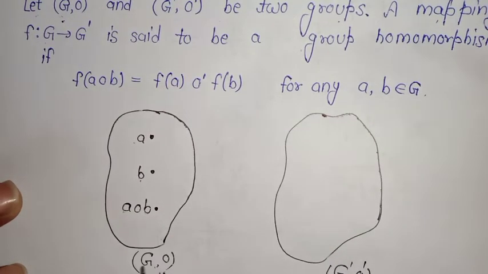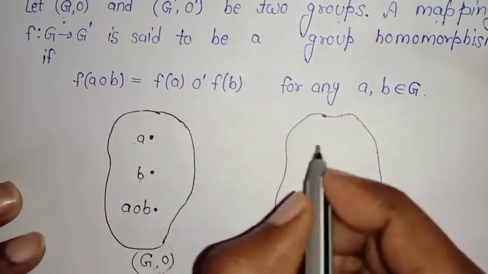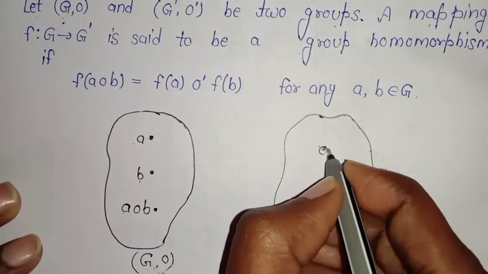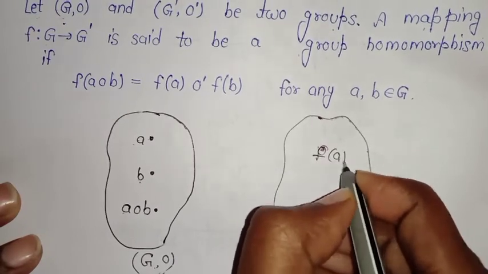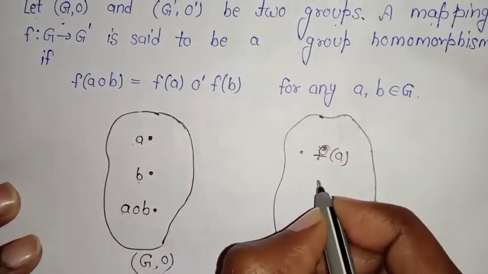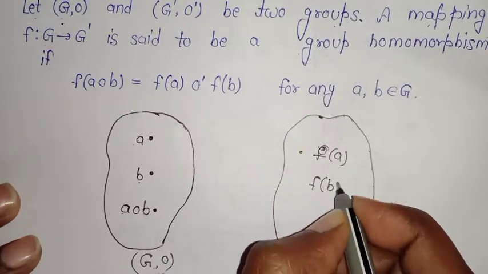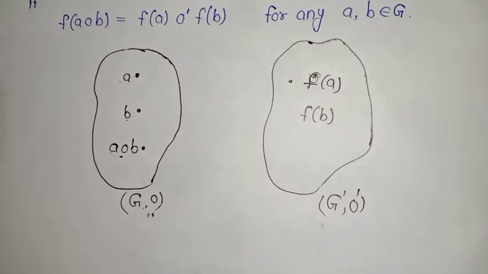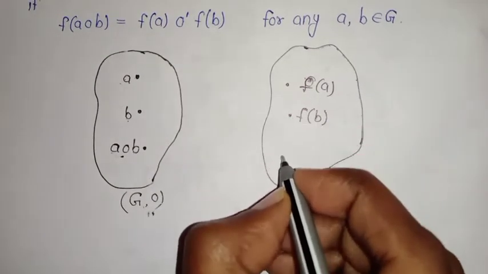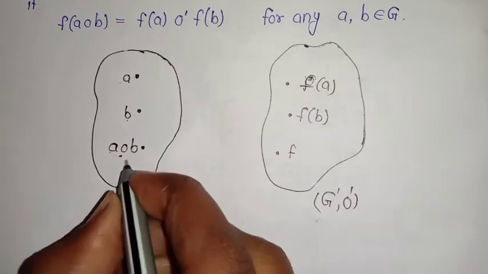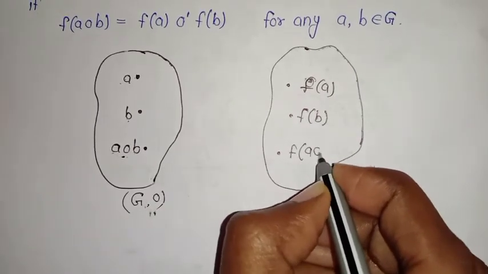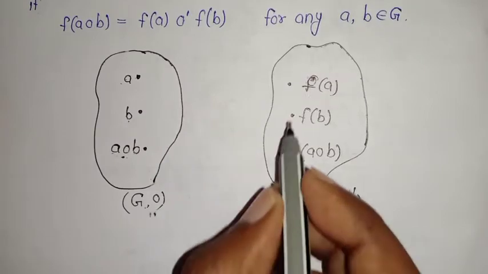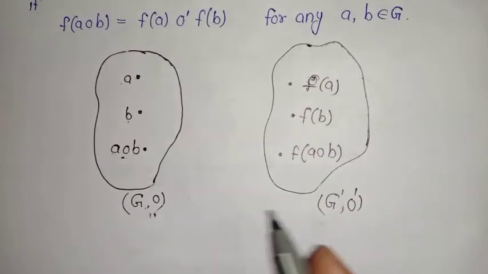Then there must exist an element here corresponding to this element, that is known as f(a). For this element there exists an element f(b), and for this element there must exist an element of the form f(a o b). Since these are two elements in a group, the closure property holds again.